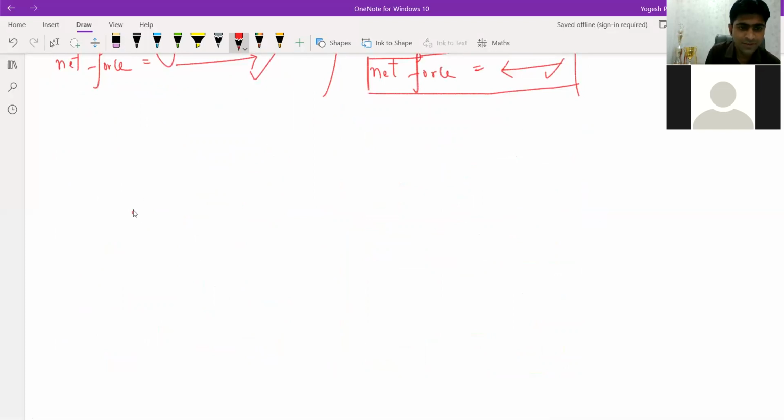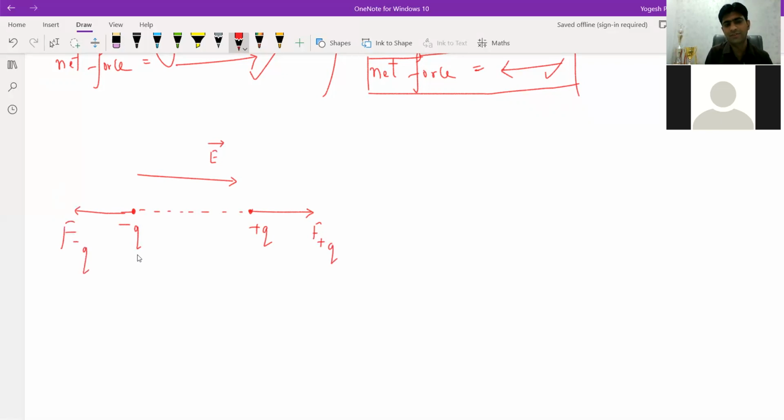When we are talking about this charge minus q, earlier we kept this minus q and this plus q, and this is the direction of increasing field. Now if you see here, this is F plus q and this is F minus q, the force acting on the negative charge.